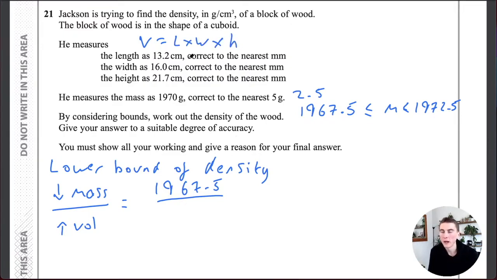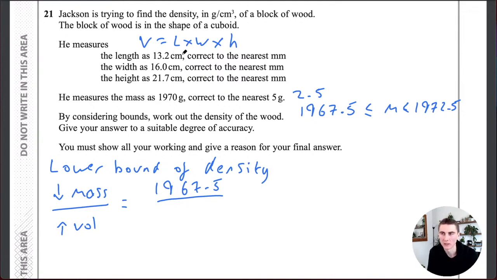If you want the biggest volume possible, we've got to take the upper bounds of all these. If we multiply together the upper bounds, that would be the biggest that the volume could be. So let's first find all the bounds. Because they're all correct to the nearest millimetre, we do half a millimetre, 0.5 millimetres, and add and subtract it from all of these.